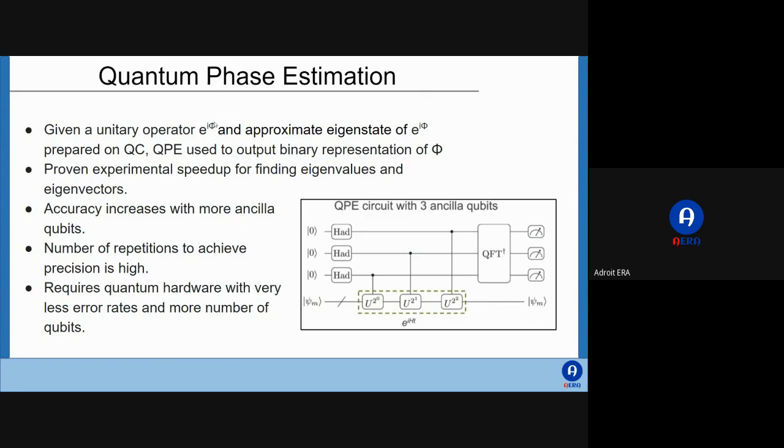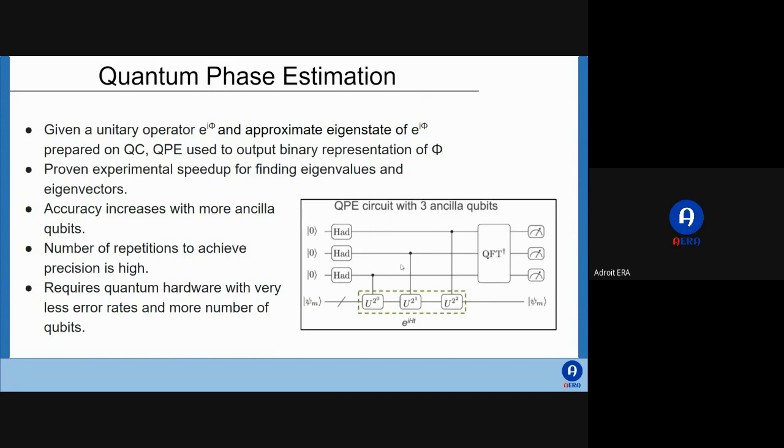As you can see, the whole VQE is basically a QPE plus some other quantum circuit, right? QPE is already integrated in VQE, so it's called the extended version. VQE is the extended version of quantum phase estimation.